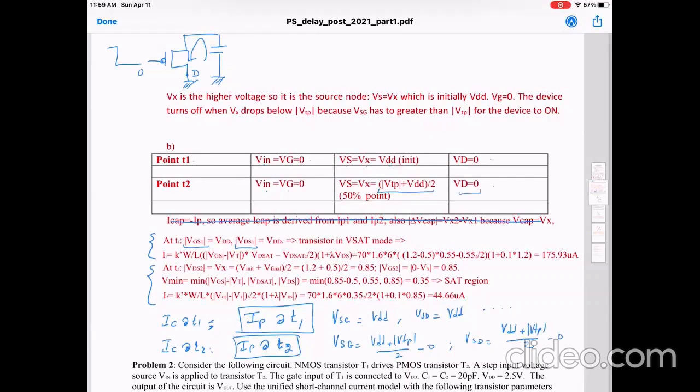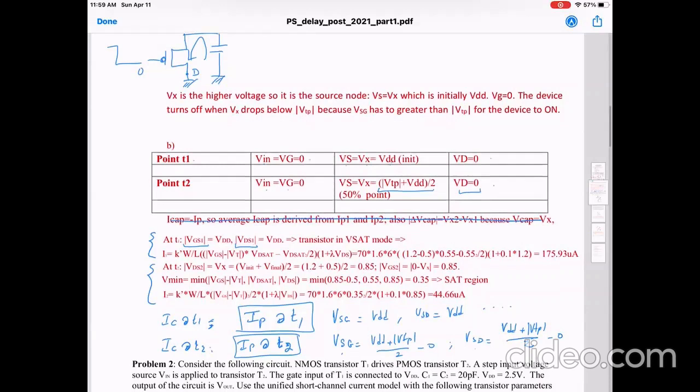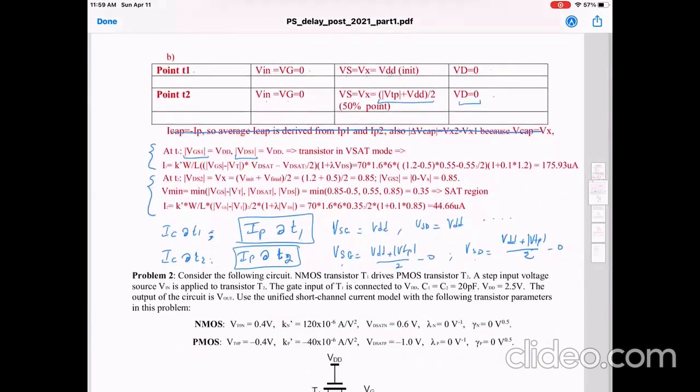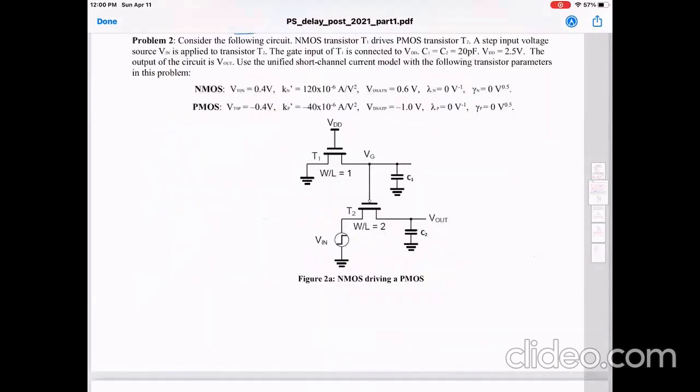Now from those quantities, we can determine VSG, VDSAT, and VSD, and find what region it is operating in, and therefore define the current that is flowing in the transistor at this specific time.